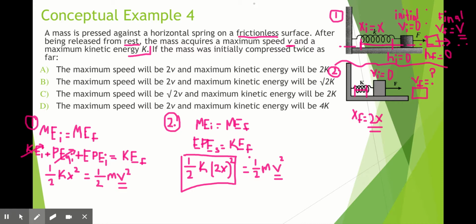So elastic potential energy is equal to kinetic energy in both situations. But in situation 2, we have double the compression distance. So what's going to happen?